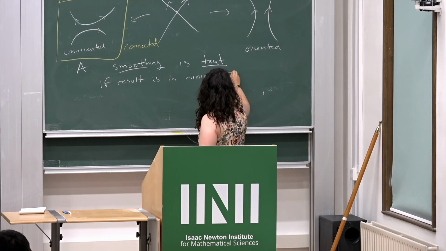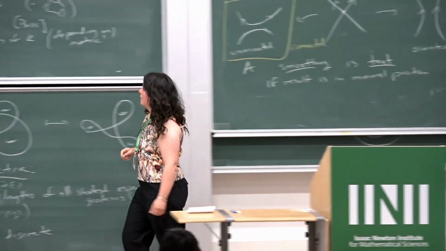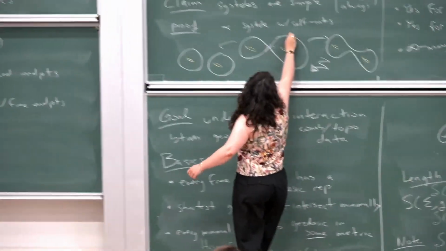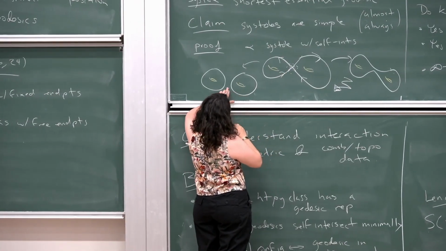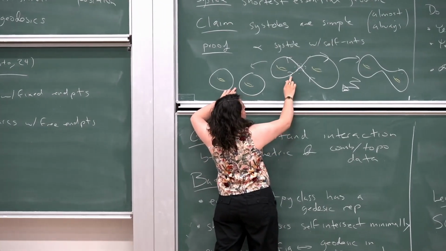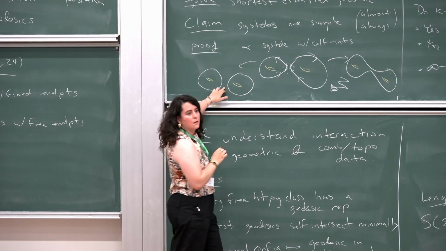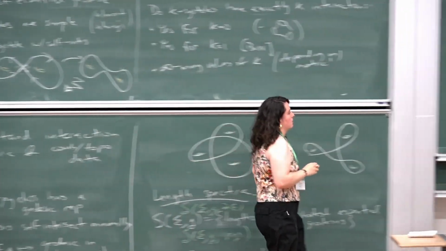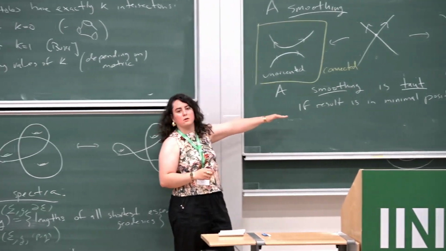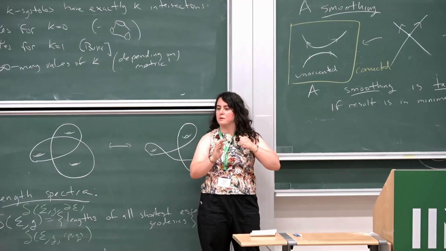So in the example beyond, the operation that disconnects is the one where I'm preserving the orientation, right? Okay, I see. Right, okay. So a smoothing is taut if the result is in minimal position. The curve cannot be homotoped to have any fewer intersections.